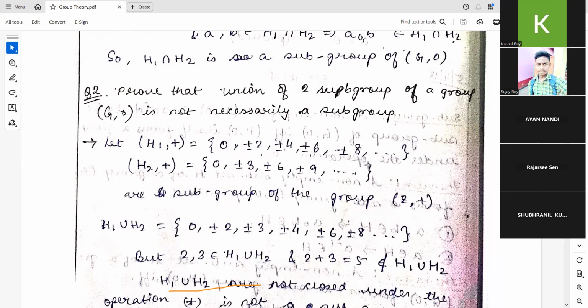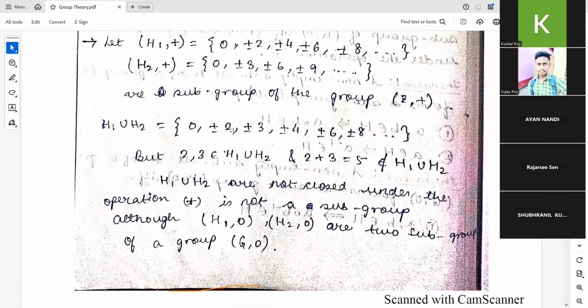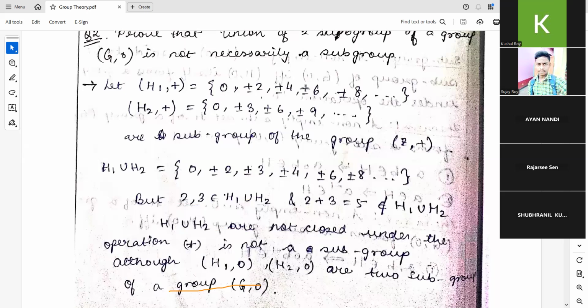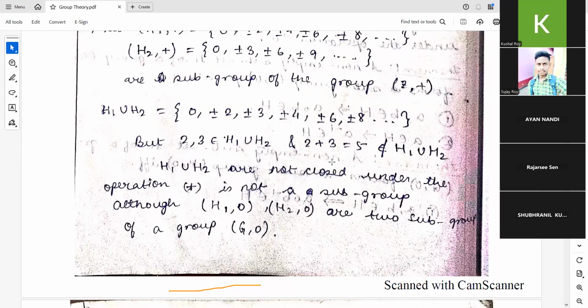And let us consider another group of multiples of 3, that is 3Z plus. So 2Z plus and 3Z plus are two subgroups. The union is 0, plus minus 2, plus minus 3, plus minus 4, plus minus 6, so we have to consider all the elements of 2Z plus and 3Z plus. Now, this union is not a group.